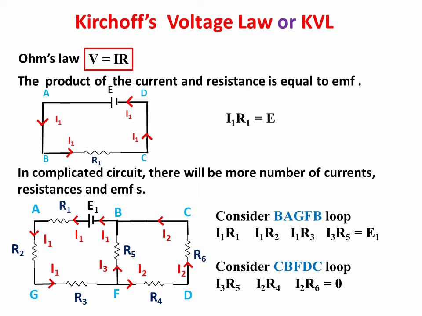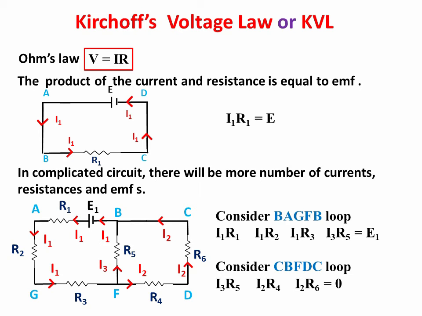In the DC branch, the current is I2 and the resistance is R6, so I2 and R6. So I3 R5, I2 R4, I2 R6 is equal to what? 0, because there is no EMF in that particular loop. So you have to put 0.